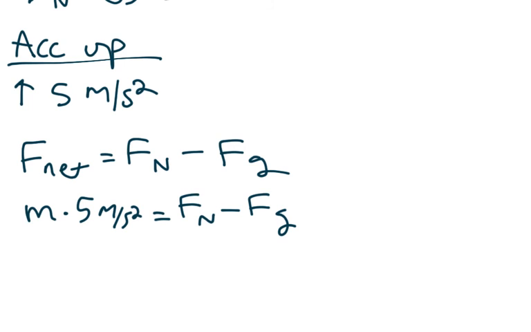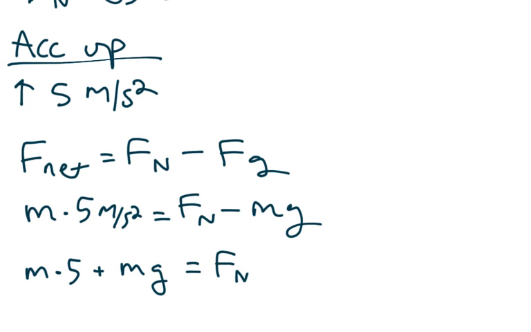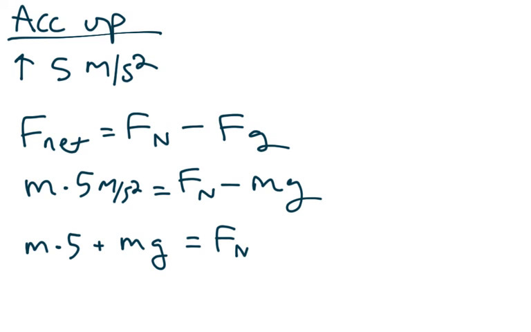Now in order to get everything to be positive, I'm going to add the gravitational force, which I should have put down as mg here, to both sides. It's going to look like that, and g is going to end up being 10, so it's going to be 5 plus 10.